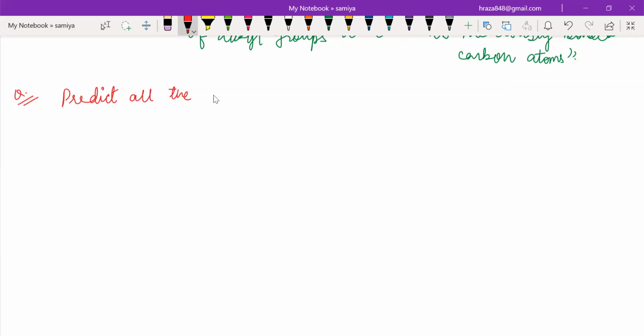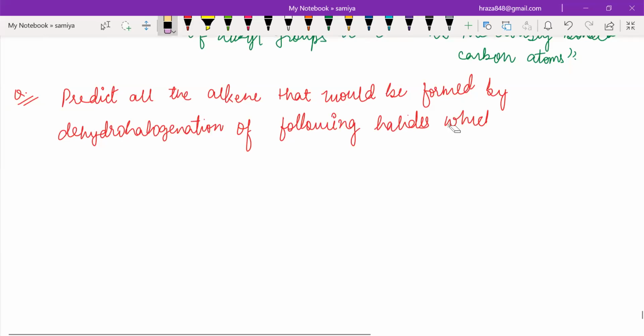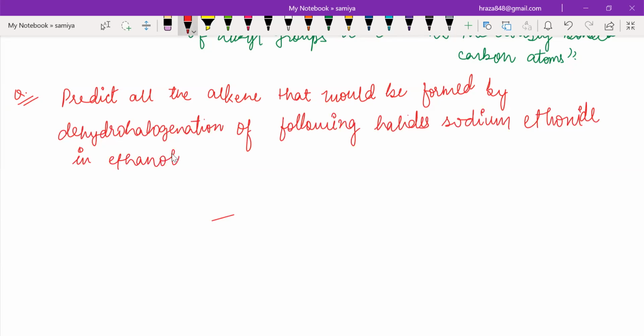All the alkenes that would be formed by dehydrohalogenation of the following halides with sodium ethoxide in ethanol, and identify the major alkene.